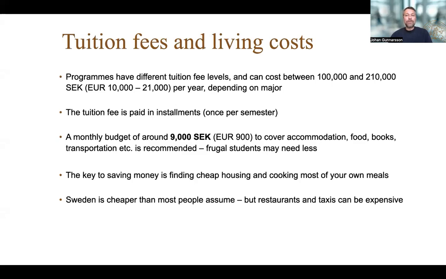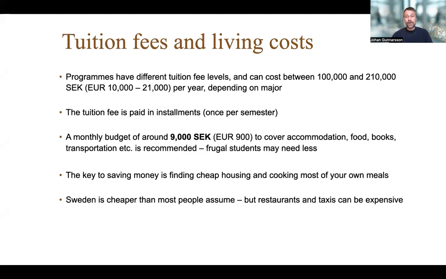But capital cities are expensive compared with most other cities in the country. So Lund is far cheaper to live in than, for example, Stockholm or Copenhagen, the other big capital in the region. So 900 euros, maybe a bit more, is what we recommend per month.